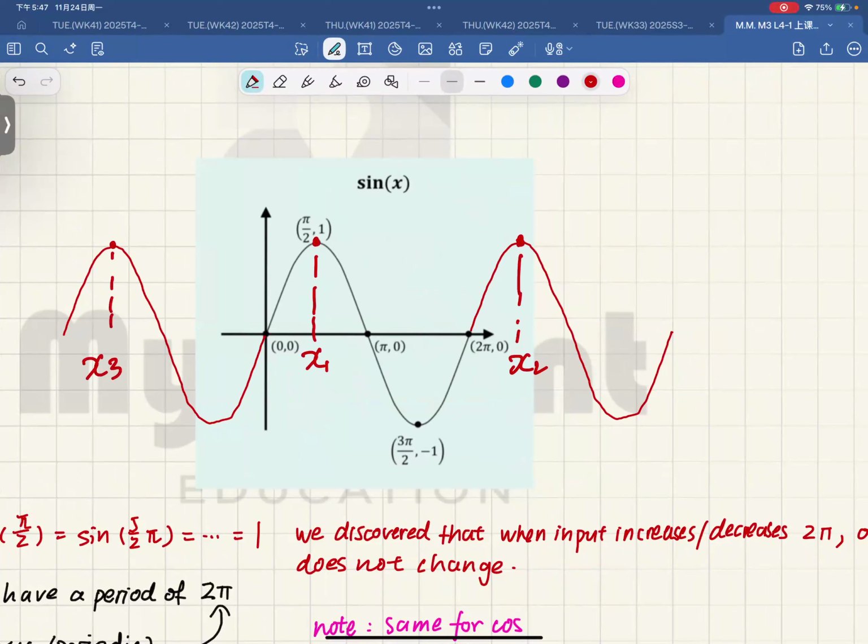We have different x, x1 not equal to x2, not equal to x3. But this is y1, this is y2, this is y3, and y1 is equal to y2 is equal to y3. Does that make sense? Yeah, okay.